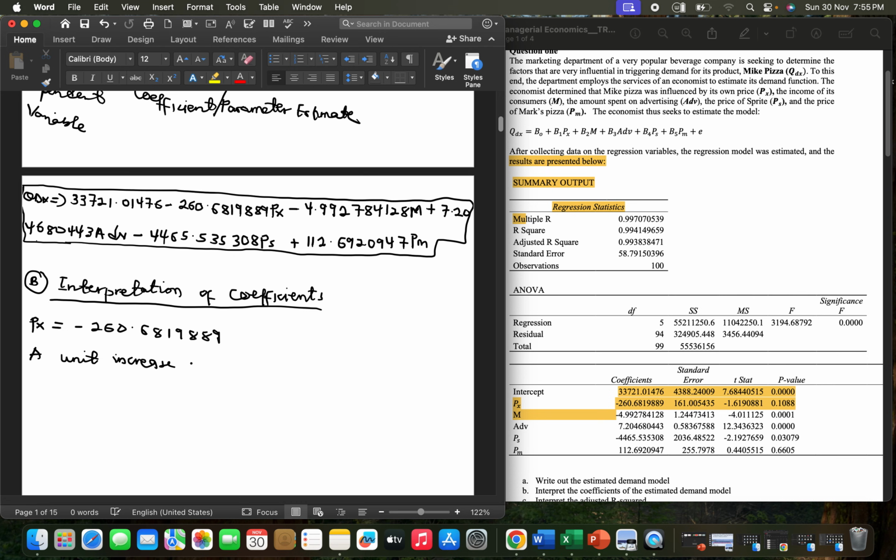A unit increase in px will lead to a unit decrease in qdx by 260.19889 units, all things being equal.